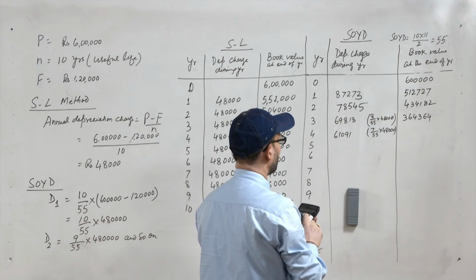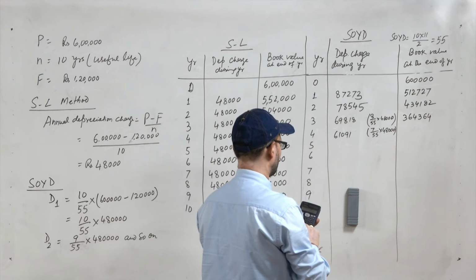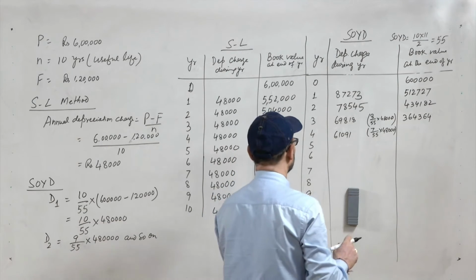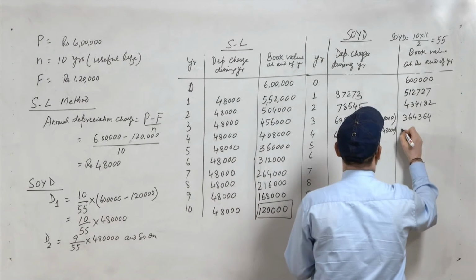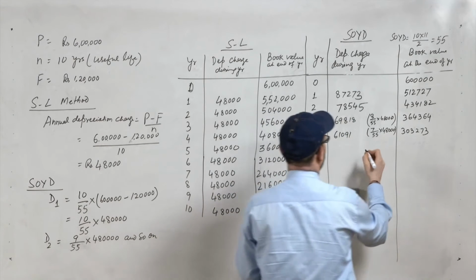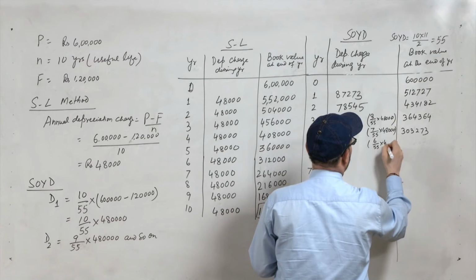So, 364,364 minus 61,091 will be equal to 303,273.